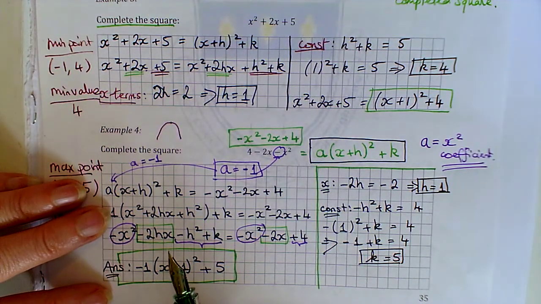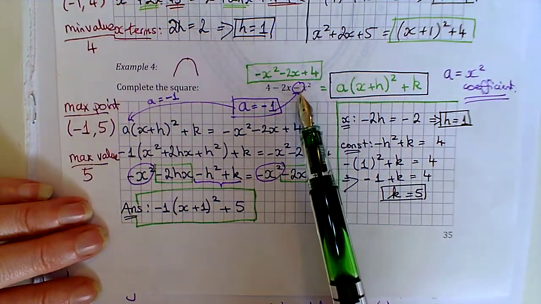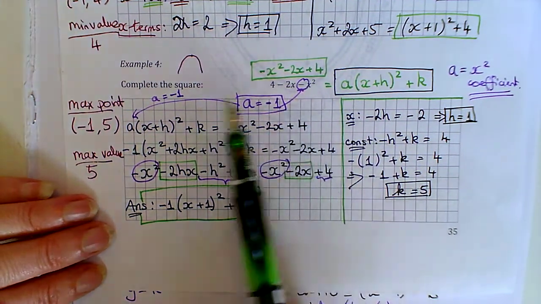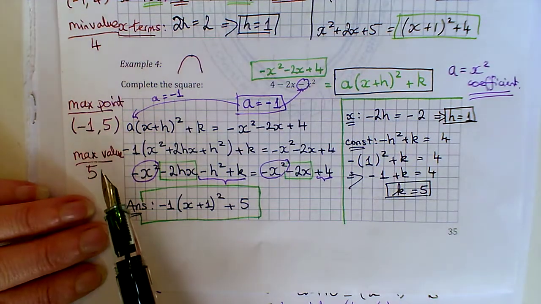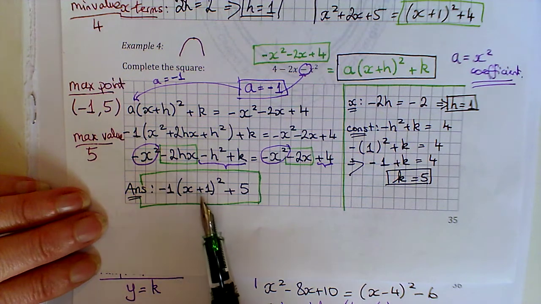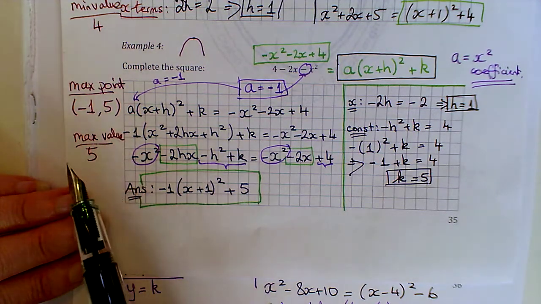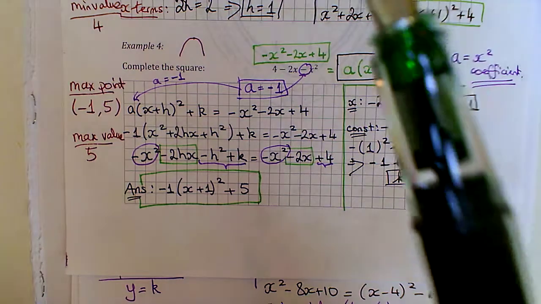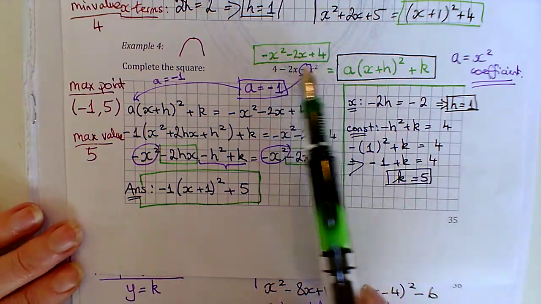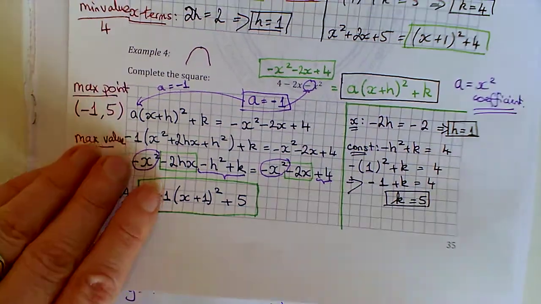No matter what value I sub in for x there, it will never give me a value smaller than 4. Now, what happens here, I did have a minus in front of my x squared, so I'm going to have a maximum point and a maximum value. The minus is already outside here, but I do still change the sign of what's in the bracket. So my maximum point will be at minus 1 plus 5, minus 1, 5. My maximum value is 5. That means no matter what I substitute in for x here, I will never get a value bigger than 5.